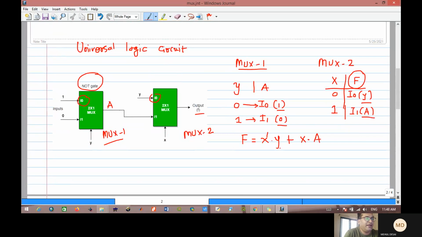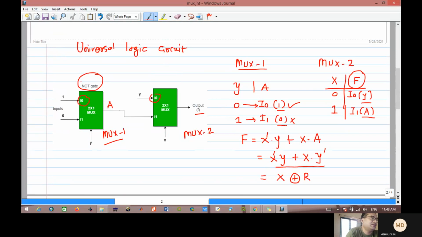And when X equals 1, we get the output A. Now A, here is 1, here is 0, so that term is not required. This expression is required: we get 1 when Y equals 0, meaning Y dash. So this is nothing but X dash Y plus X into Y dash. This is nothing but the Boolean expression of the XOR gate: X dash Y plus X Y dash.